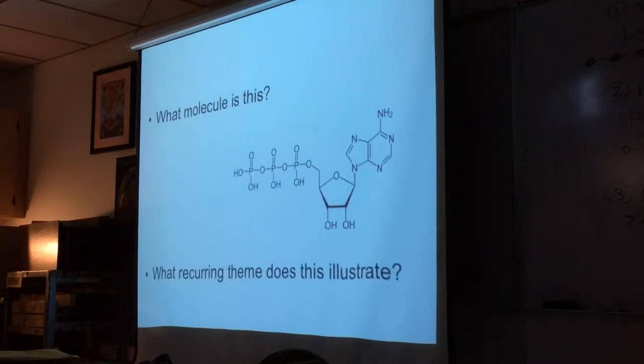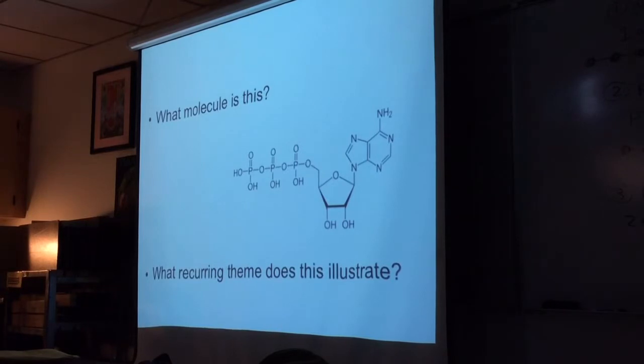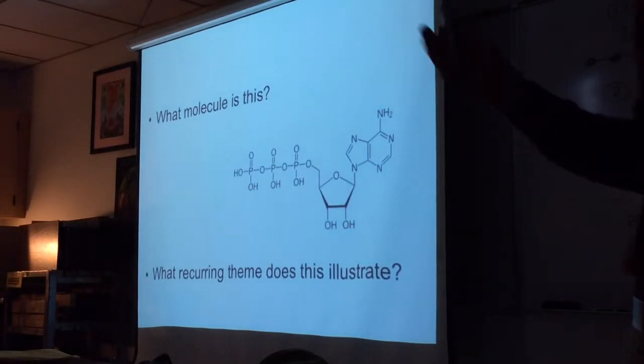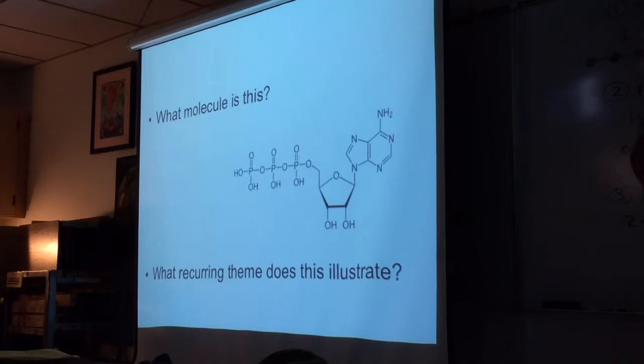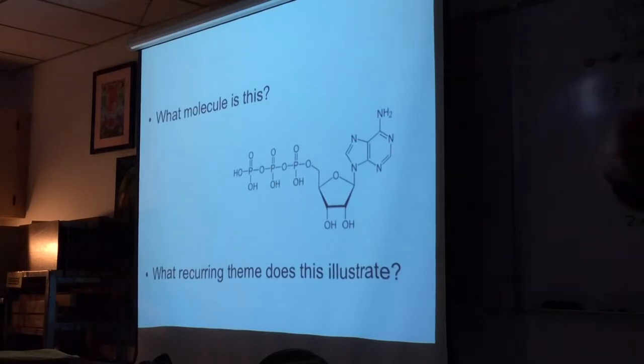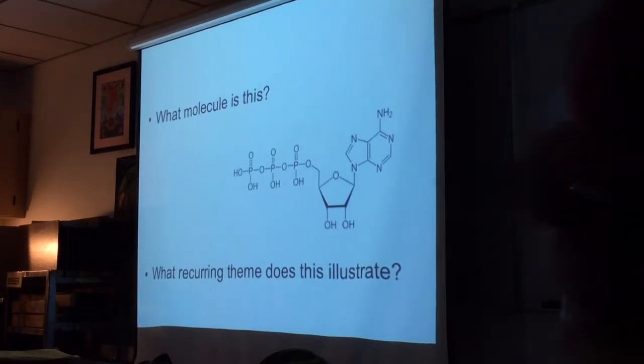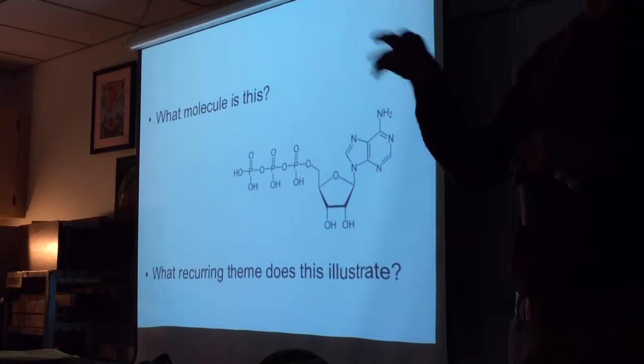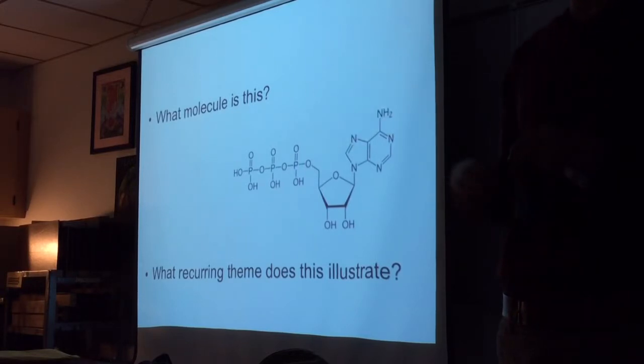Coenzyme A, what's this? ATP. So what recurring theme does this illustrate? What's that? Small changes. ATP is everywhere, right? Maybe small changes result in big biological effect. We really could, I agree, stick it into any one of those categories. But the one that I hope you see is that molecules get repurposed for different things, right?